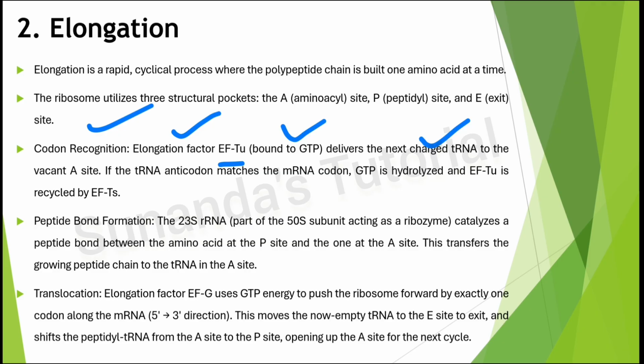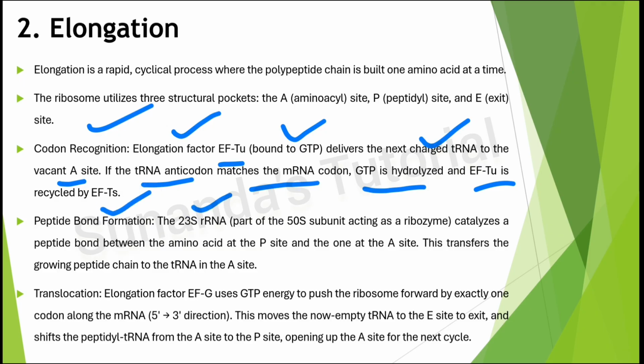After the shifting of tRNA along with the methionine codon to the P site, the A site is vacant, so the next charged tRNA comes to the vacant A site. If the tRNA anticodon matches the mRNA codon, GTP is hydrolyzed and elongation factor Tu is recycled by elongation factor Ts.